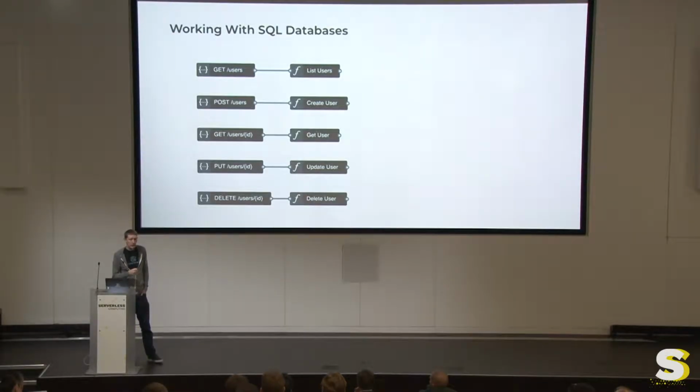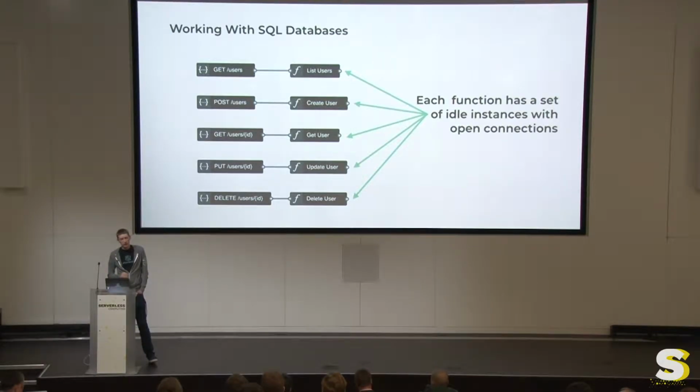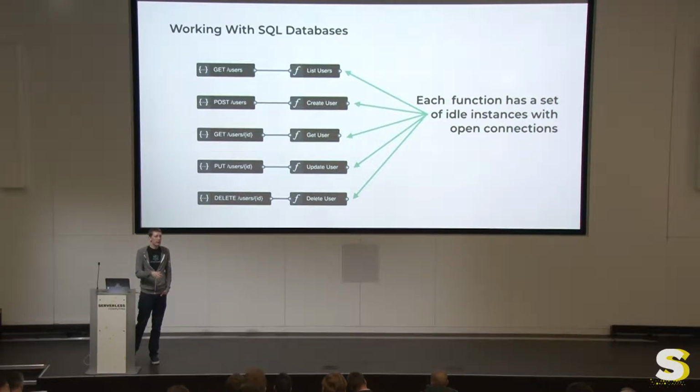Well, let's look at an example. Here we've got an API. It's got 5 endpoints, each implemented using an independent function. Each function, as they run, has its own connections to the database. And when they become idle, they keep their own connections to the database.